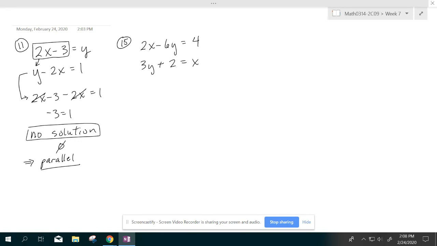Solve using substitution. Do I have a letter by itself? And again, that means that I can substitute for x in the first equation because I know what x equals to. And here we go. So that first equation is going to become 2 times 3y plus 2 minus 6y equals 4.